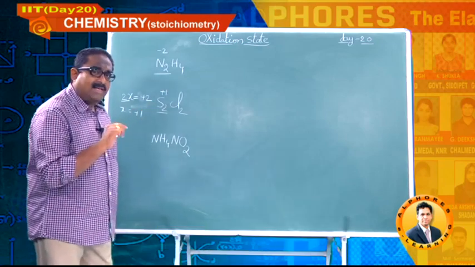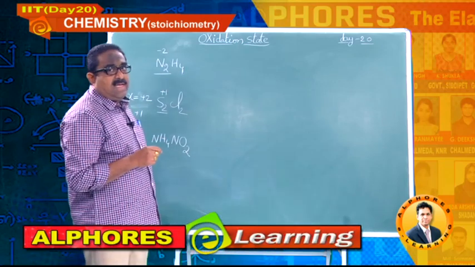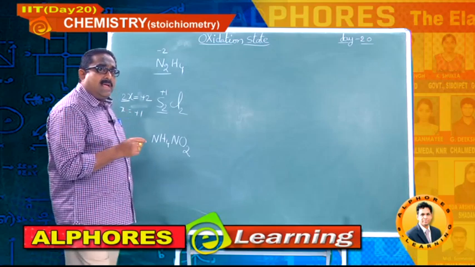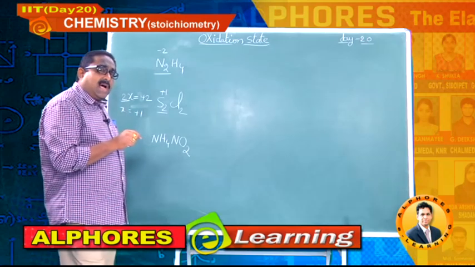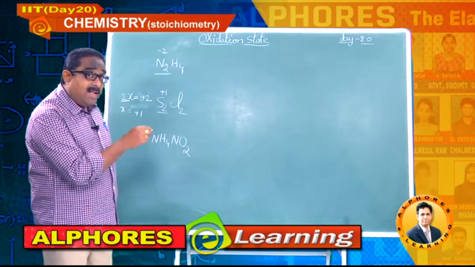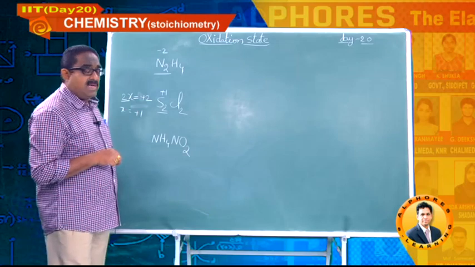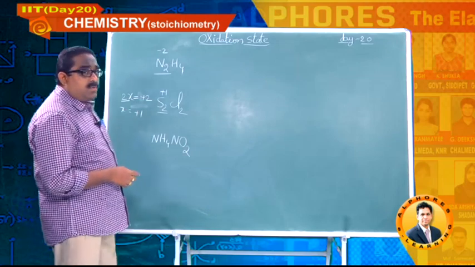We need the structural bonding aspects of that particular compound. Then only we can decide the individual oxidation states for all the atoms of that particular element present in that compound.